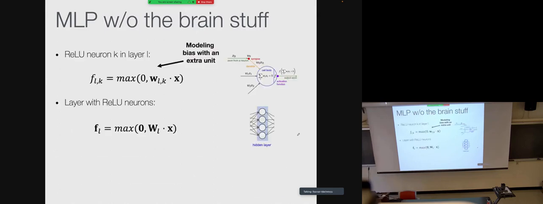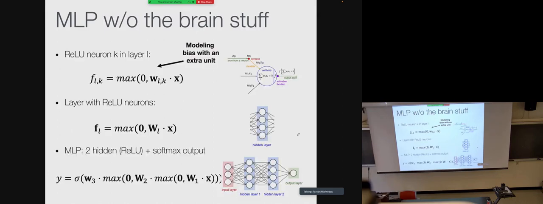So how does the multi-layer perceptron work in a bit more detail? Let's say this is the function of the ReLU network at layer L and for neuron K. The output is given by this expression: the maximum between 0 and the weighted sum of the inputs. These are the weights for layer L at neuron K, and we multiply by the inputs X at that particular neuron.